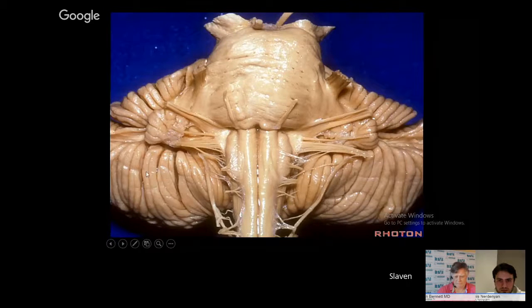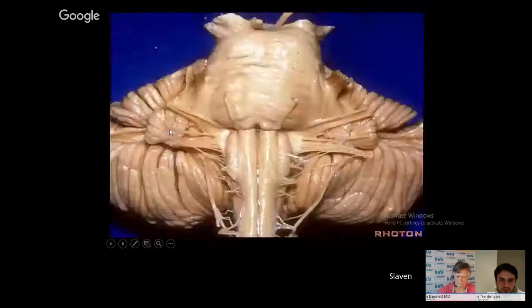Okay, and another thing that I would really like you to remember from these presentations are the surfaces of the cerebellum. And this is one of the more complicated ones. So this is the petrosal surface of the cerebellum, which looks to the temporal bone.